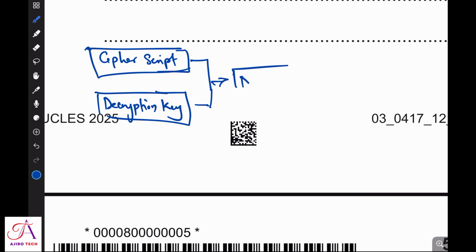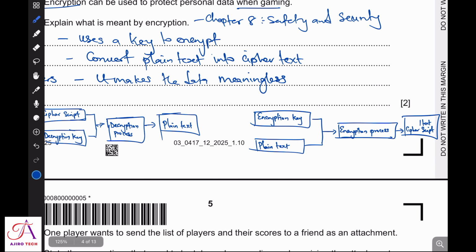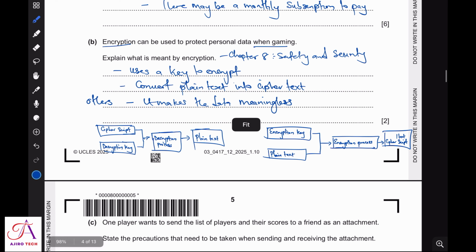We have the decryption process, and then we have the plain text. So that's how we do it. Hope this is clear.